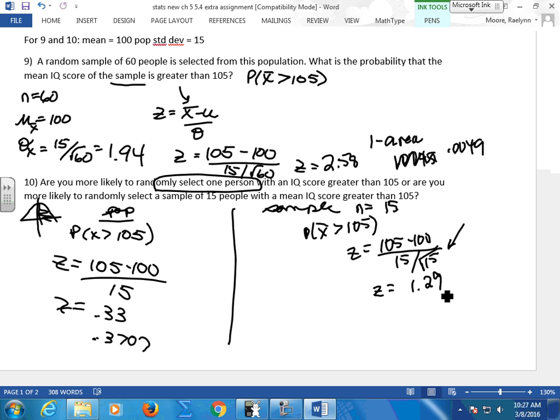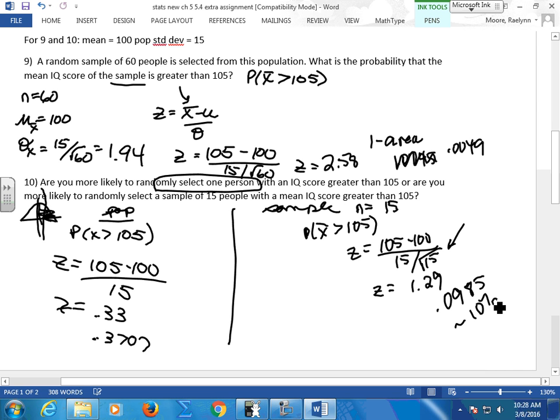All right, I still look up the area to the right. So now, if you think about it, 1.29 is like over here. Isn't this area less? So what's my area to the right? .0985, thank you. So, this has about a 10% chance of happening.